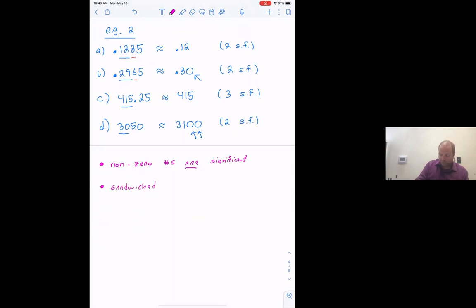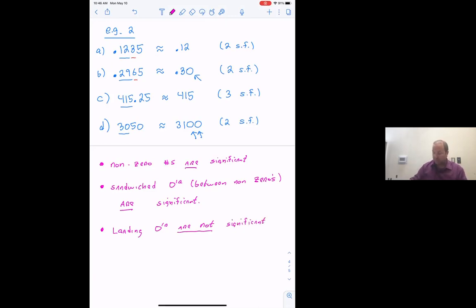By that, I mean sandwiched between non-zero numbers. We'll just say zeros between non-zeros are significant. Number 3, leading zeros are not significant.